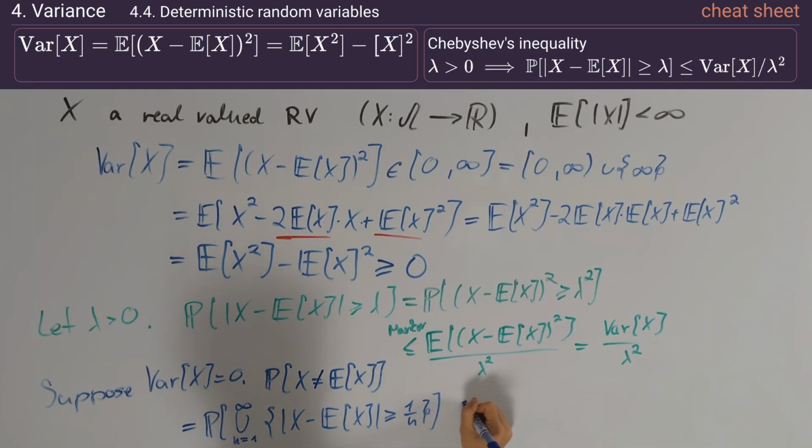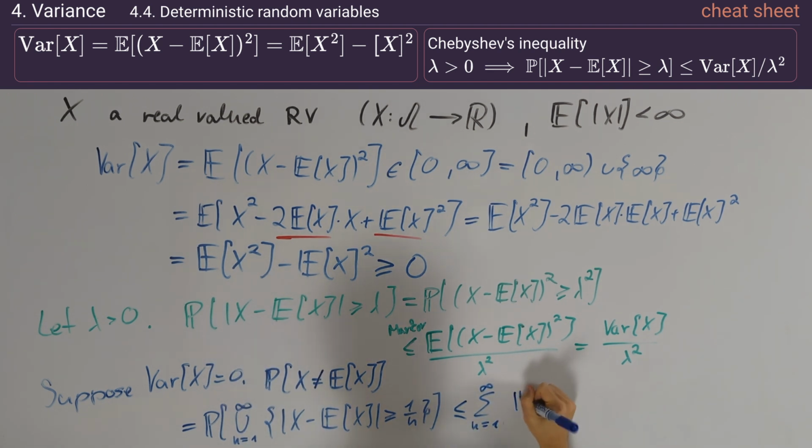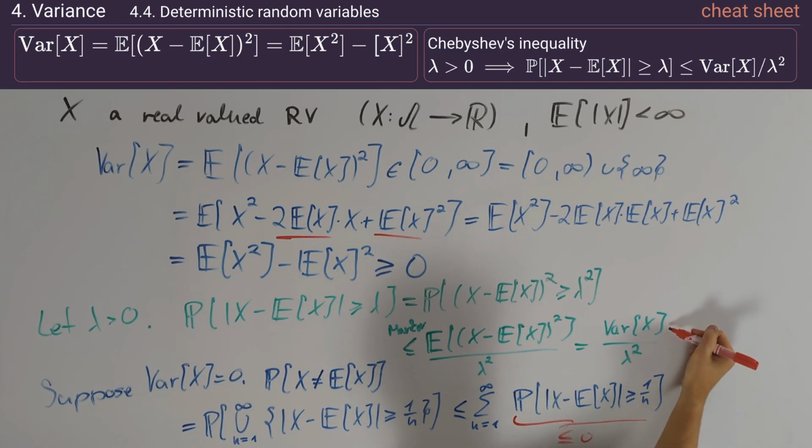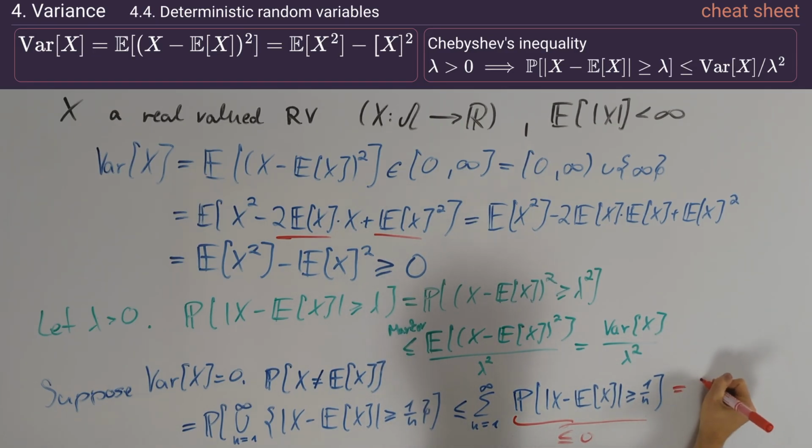By the union bound, this is less than or equal to the sum over n going from 1 to infinity of the probabilities of these events, which we can each bound from above by 0, since the variance of X is equal to 0, and therefore this entire sum is indeed equal to 0.